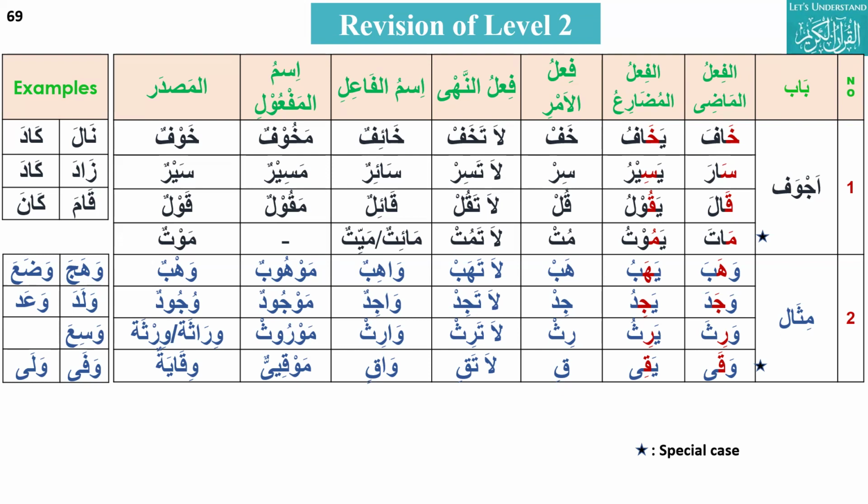Wajada means he found. Third is Warisa Yarisu: kasra kasra. Warisa means he inherited. The special case is Waqa Yaqi. Waqa means he saved.